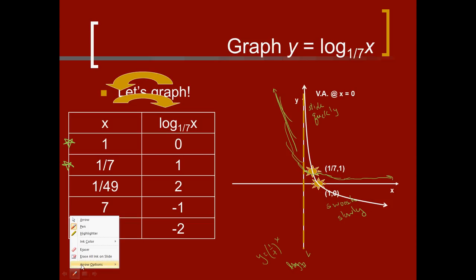That graph is still symmetric because you have inverse operations. These two graphs are also symmetric across the line y equals x.